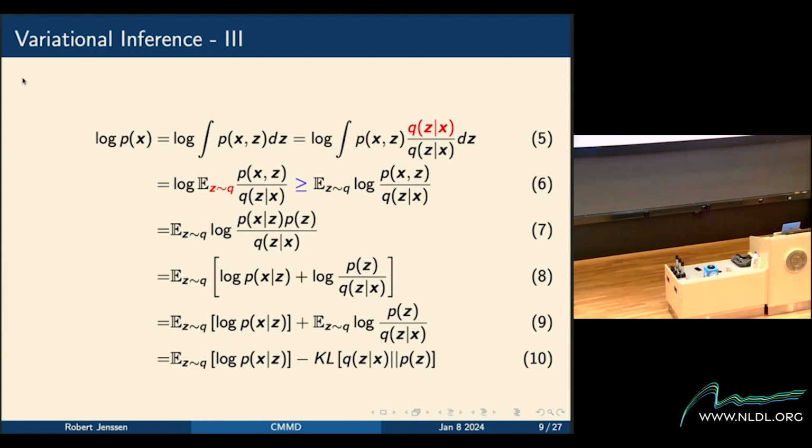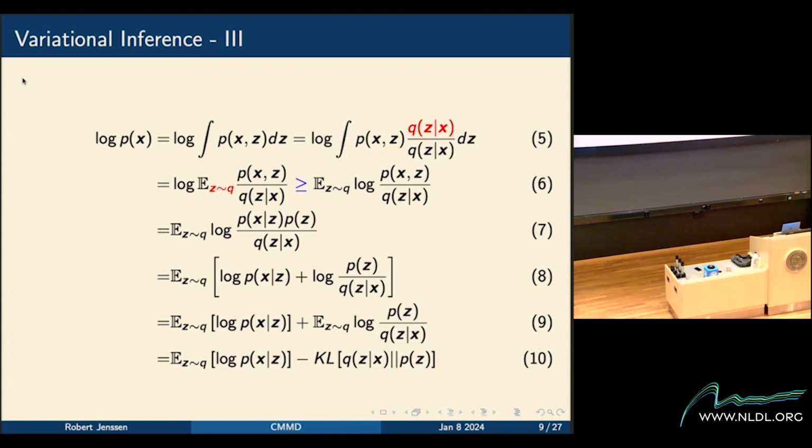This is the definition of an expectation: integral, something, distribution with respect to something, d of that something. So that is the trick. We have reformulated the log likelihood into an expectation over this variational distribution that we introduced ourselves, this q. Now we see that we have a log, because we started out with the log likelihood.